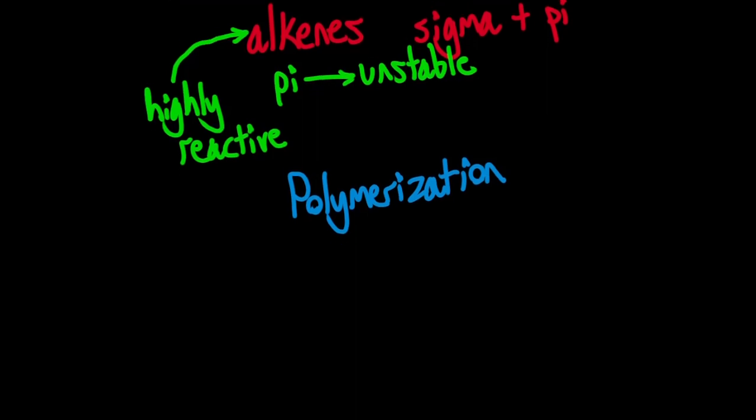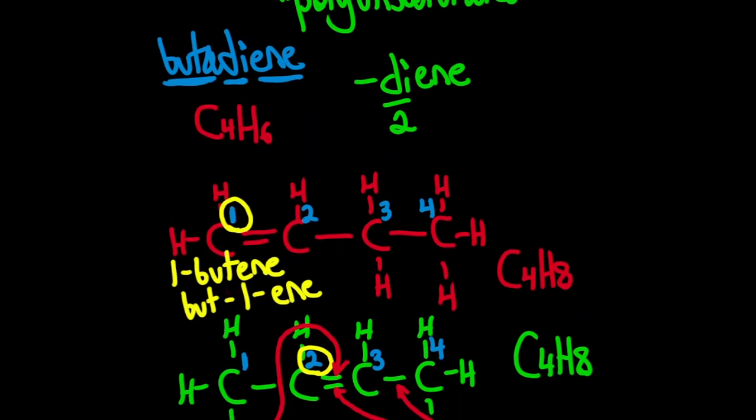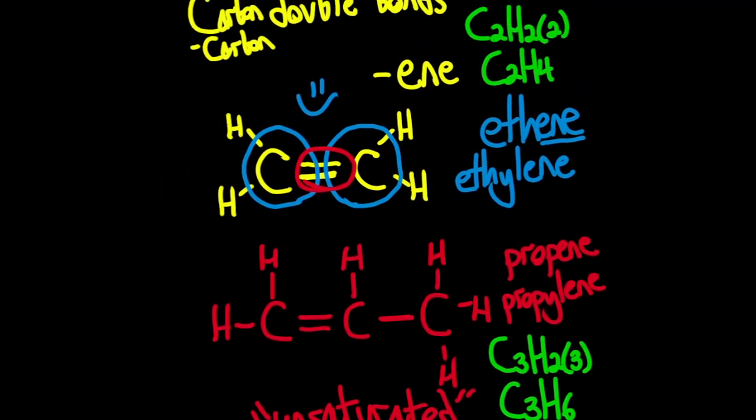Okay, all because anything with a double bond, that extra pi bond, is able to polymerize. So everything that we've talked about so far. So ethylene, ethene, okay, if I have that double bond there, and for whatever reason it starts to polymerize, now I'm going to have what's called polyethylene as this starts to link up with each other, okay?